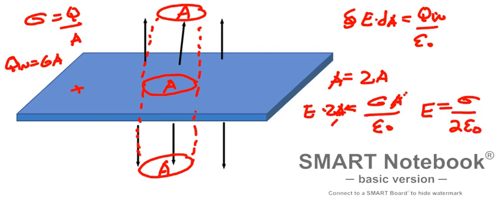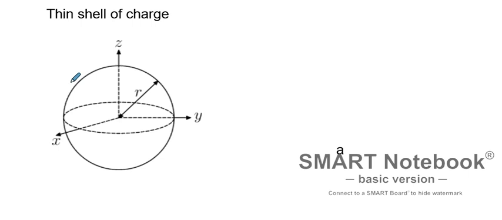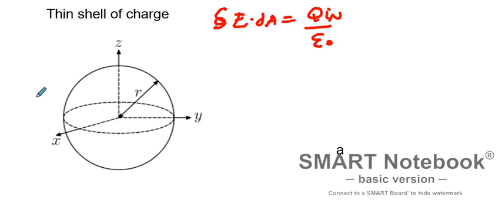All right, our next example. What about a thin shell of charge? So it's a very thin shell and inside is hollow. Again, what's our goal here? We have the closed integral of E dot dA equal to Q inside divided by epsilon naught. Now we need to draw a Gaussian surface.